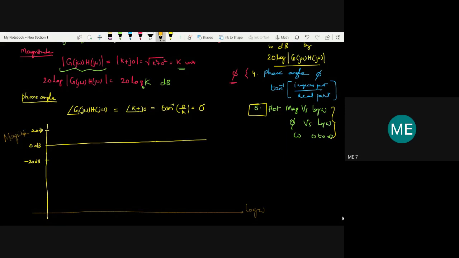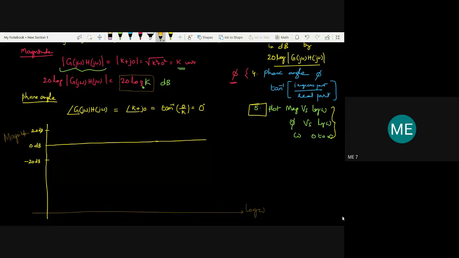Here we have got 20 log K. K is a constant, so as omega is varied from 0 to infinity, it is irrespective of omega, because it is independent of omega. Omega is not present in this magnitude calculation.